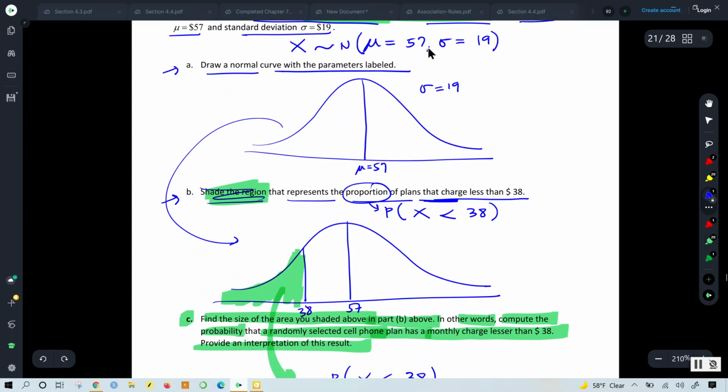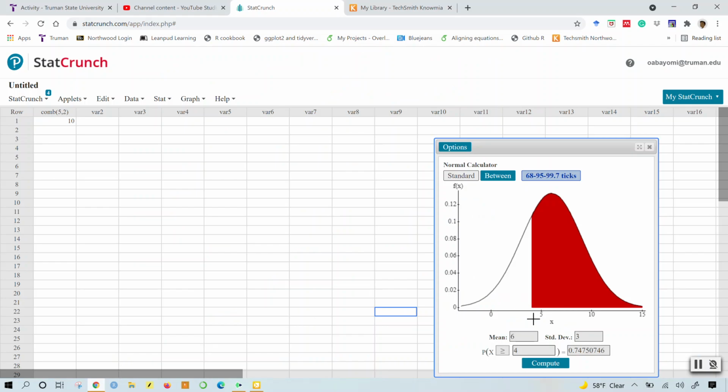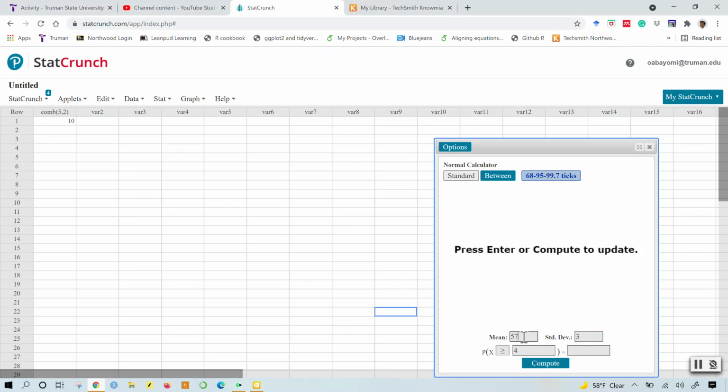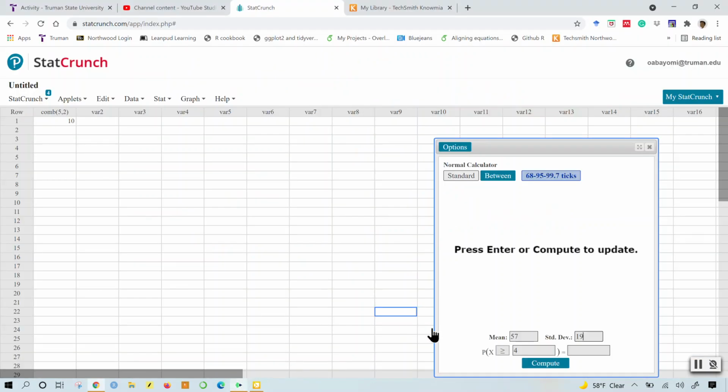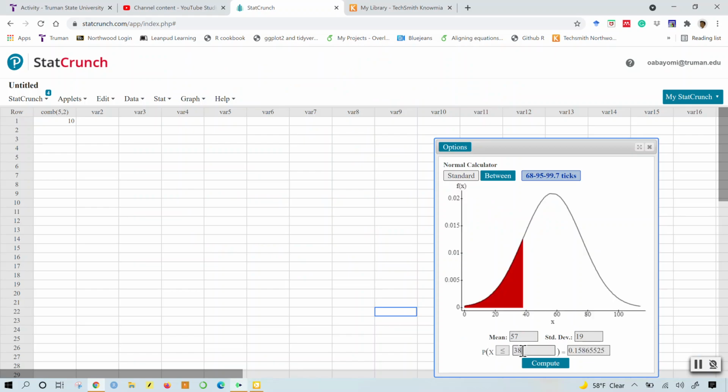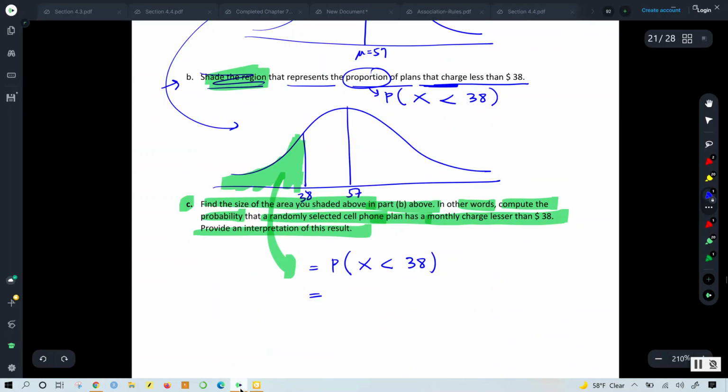I need my parameters, 57 and 19. Mean is 57 and 19. And I want the region where it is less than 38. So I'm going to change to less than or equal to 38 and hit the compute button, which gives me 0.1587 approximately.